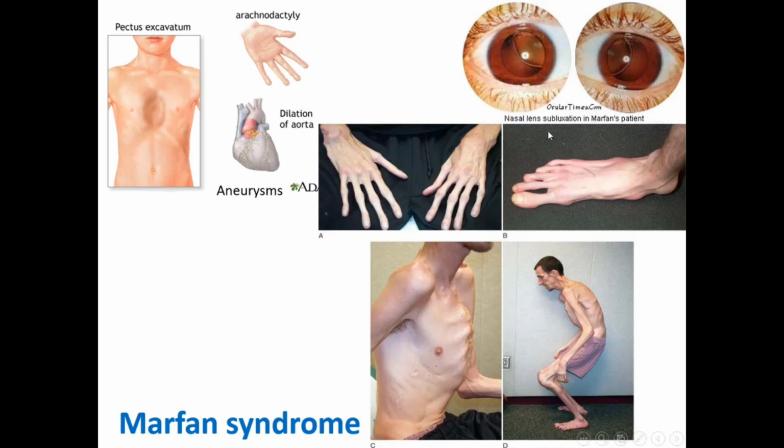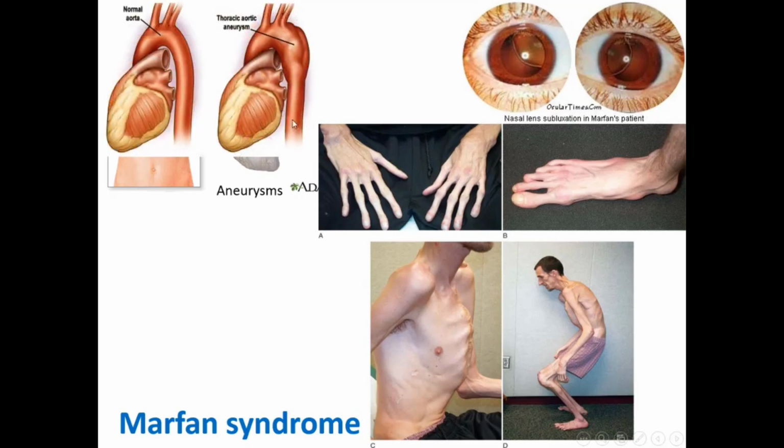So you can see they have musculoskeletal problems, especially long fingers, called arachnodactyly. They have spider-like fingers, and also they have a problem in large blood vessels, especially the aorta.